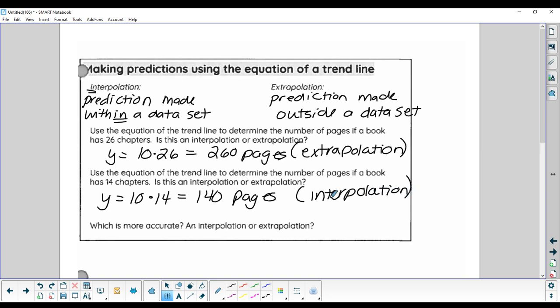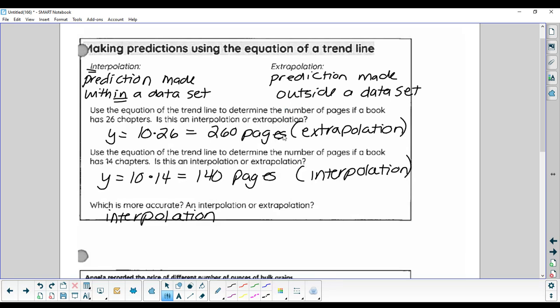Interpolations are generally more accurate because we have previous data to rely upon. So we know that we are kind of in the general frame of the data. Extrapolations go outside of what we know, so they're not as accurate because we don't really have data to support it.